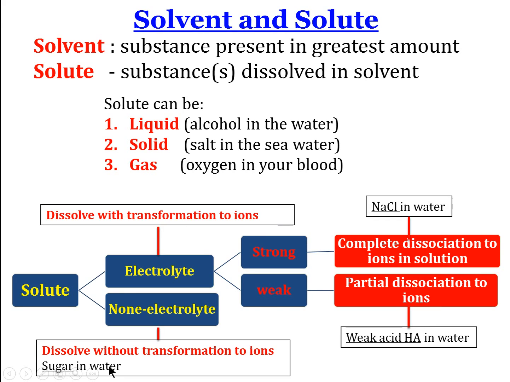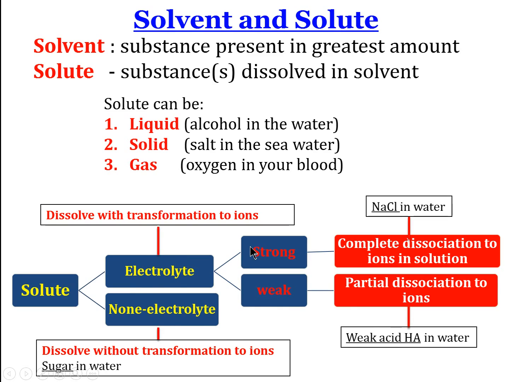The sugar is dissolved in water, but it will keep its molecular form as C6H12O6 and would not form ions. So the solute sugar is a solute non-electrolyte because it does not form ions after dissolution.